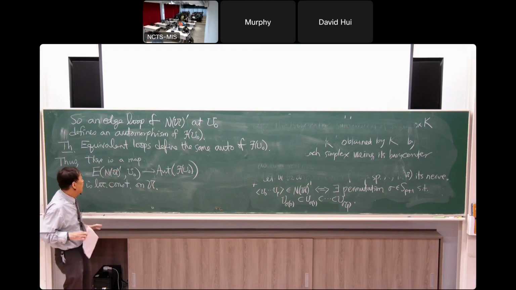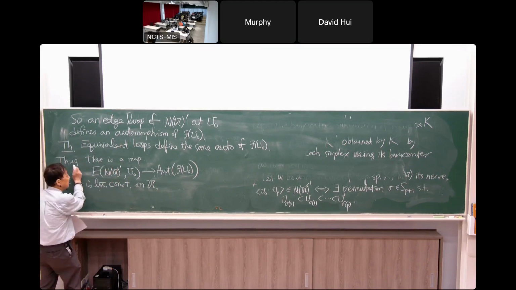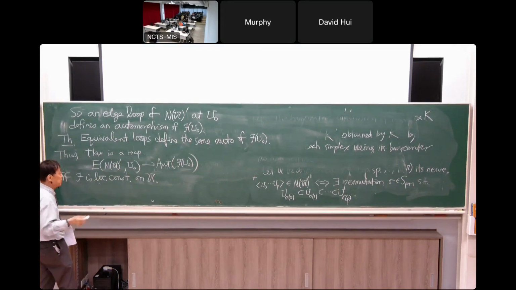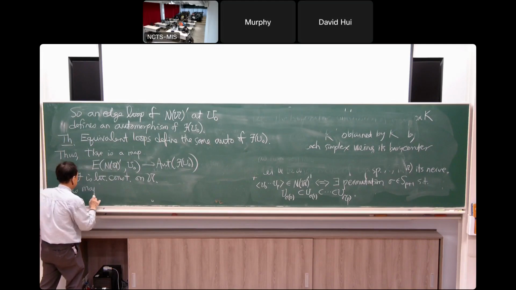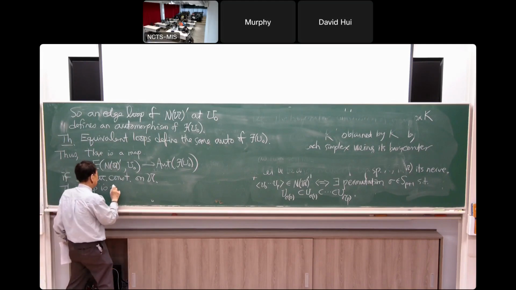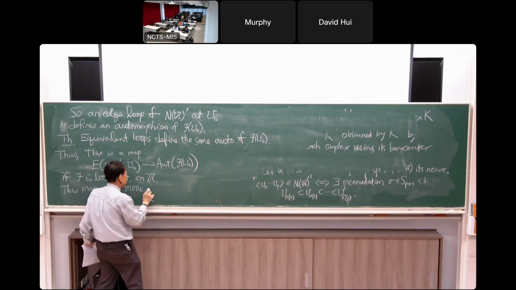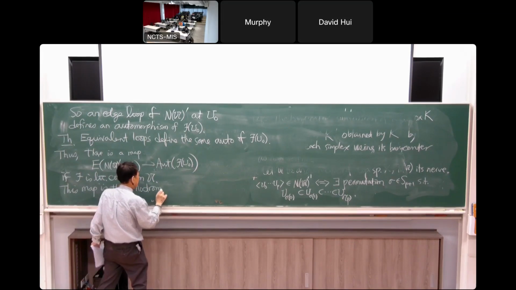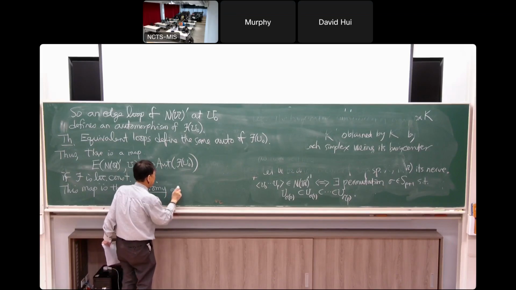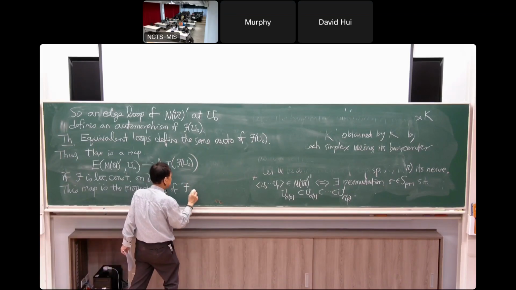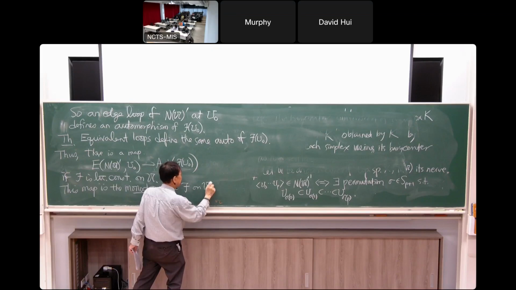And then its image is the monodromy group, the monodromy of this locally constant pre-sheaf on U.